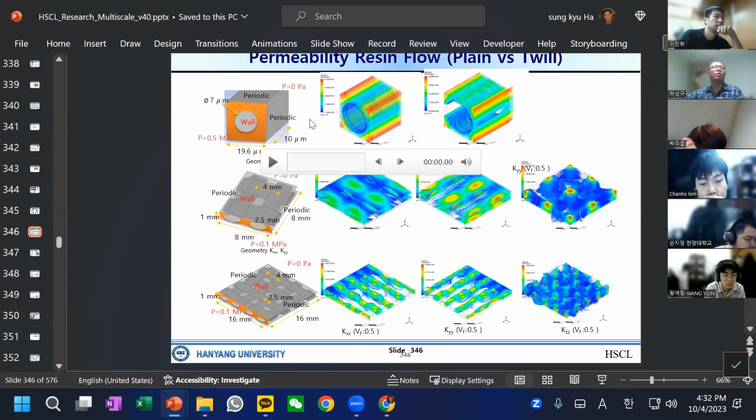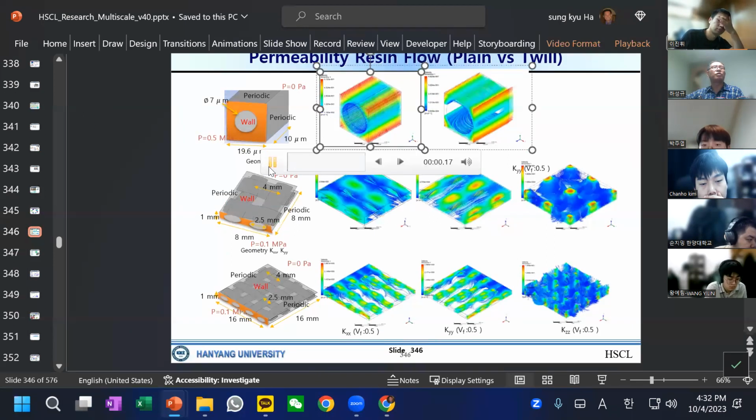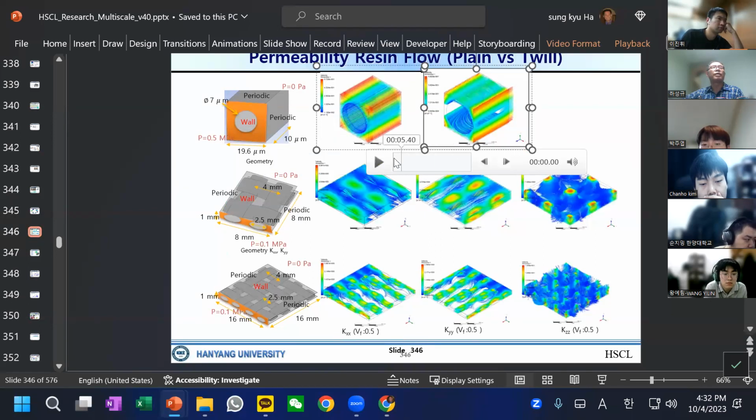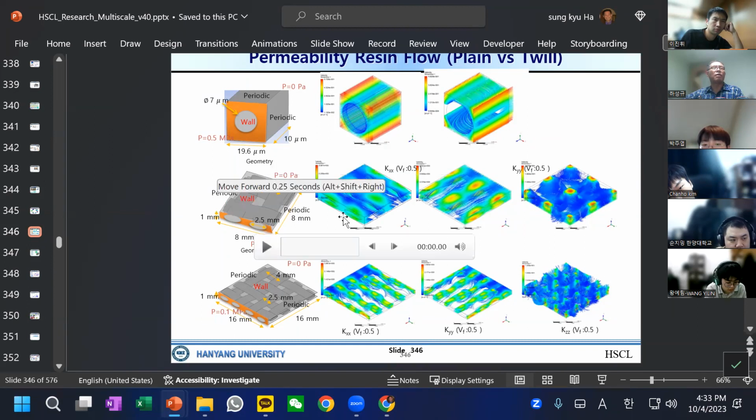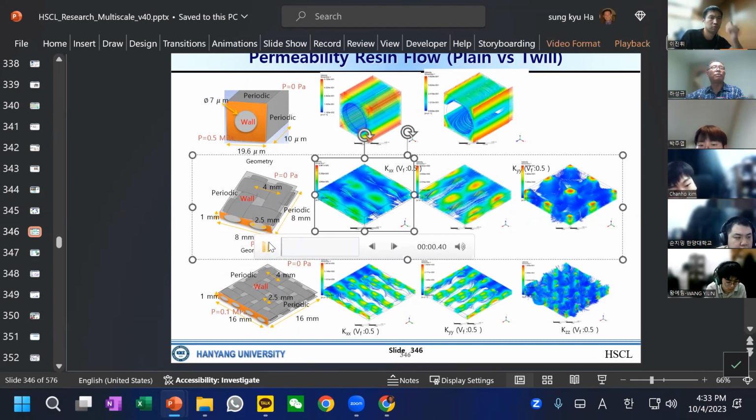With the understanding of the micro scale, as you can see here, it shows the resin flow. It can show how the resin flows in the longitudinal direction and transverse direction. Now we have this one fiber, and one tow consists of 24,000 fibers. And now you can understand how the resin flows.